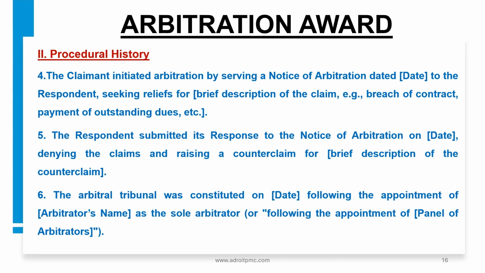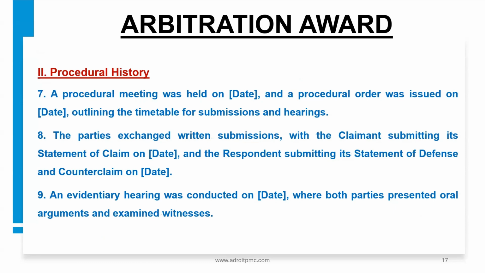And whatever notices and submissions were made to the parties, whether by mail or through post, everything will be recorded in this procedural history itself. The procedural meeting was held on such a date, and the notification regarding these meetings will also be included in this part. The parties exchanged written submissions on so and so date, everything is mentioned here.